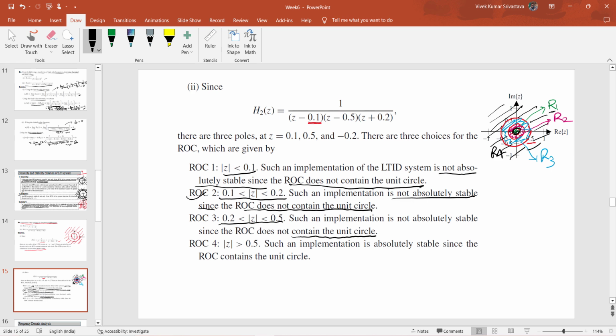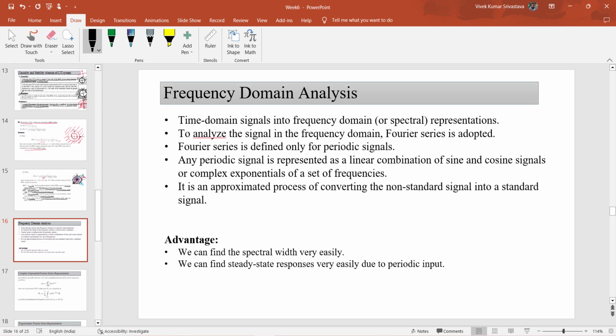Whereas for the fourth case, where z is greater than 0.5, this system is absolutely stable because the ROC contains the unit circle. That's why this system will be stable in this ROC case. Okay, so let us now move ahead.